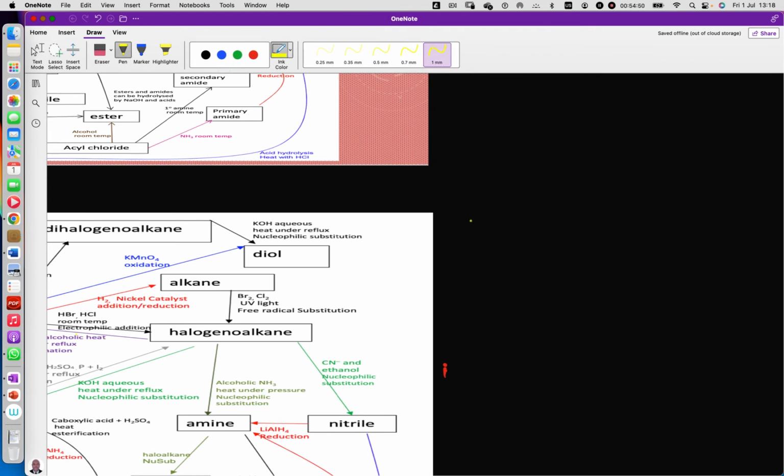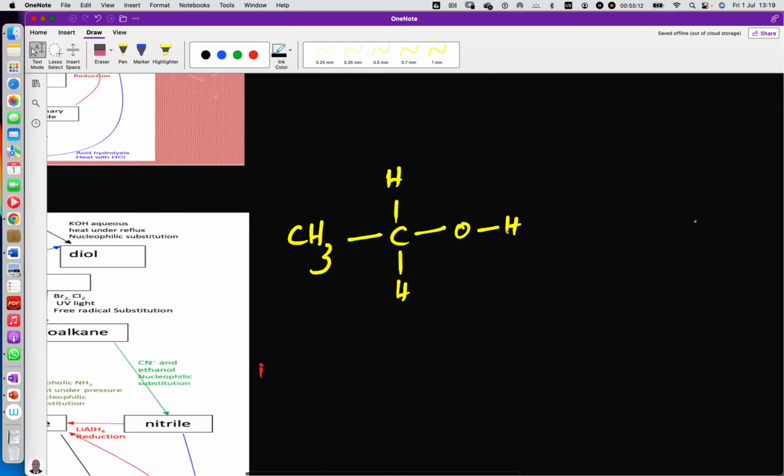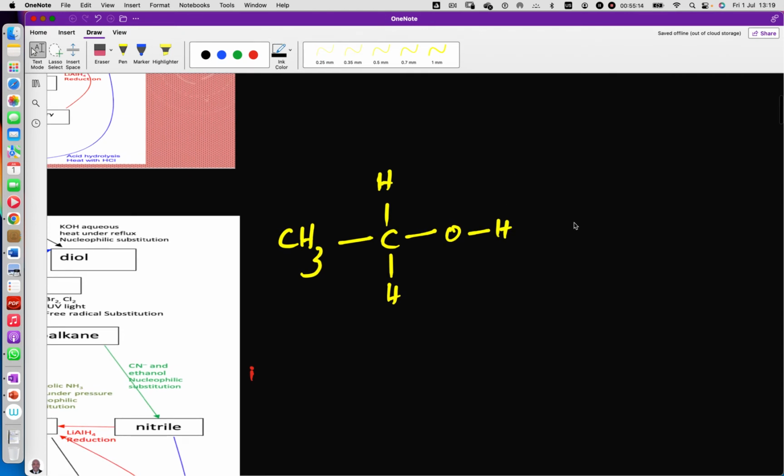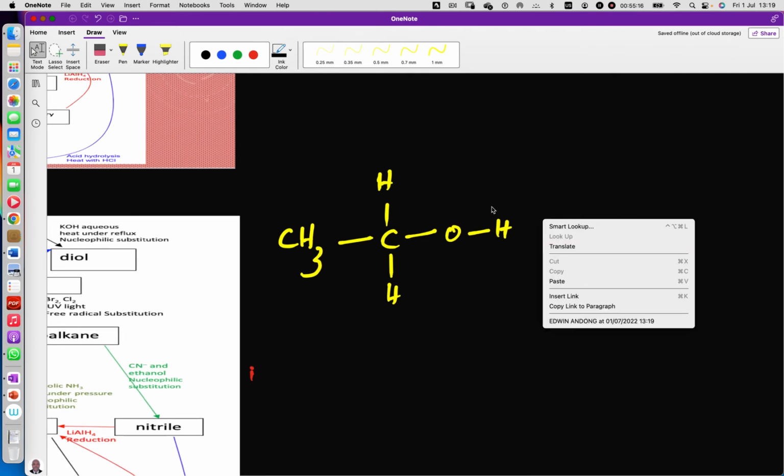We will have ethanol as a primary alcohol. That is ethanol.